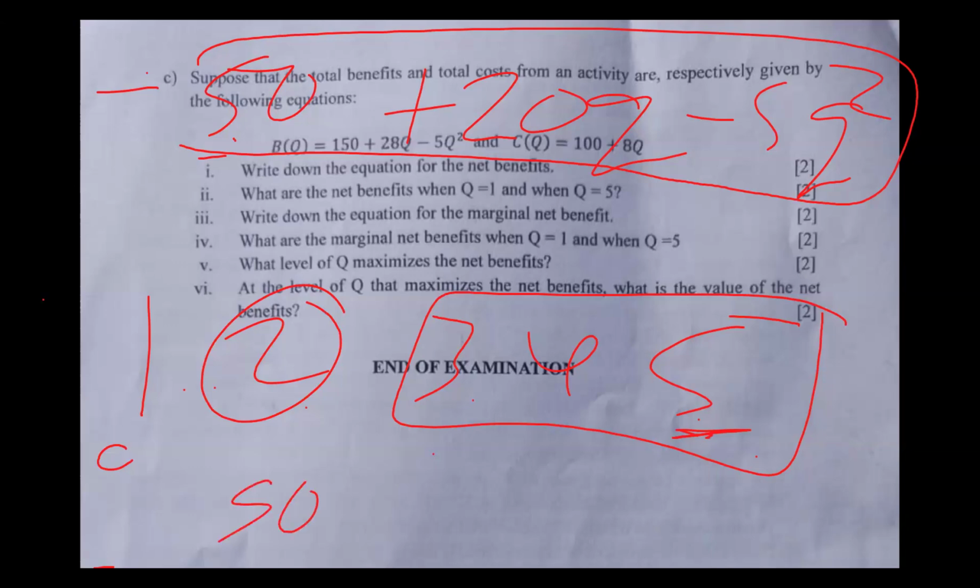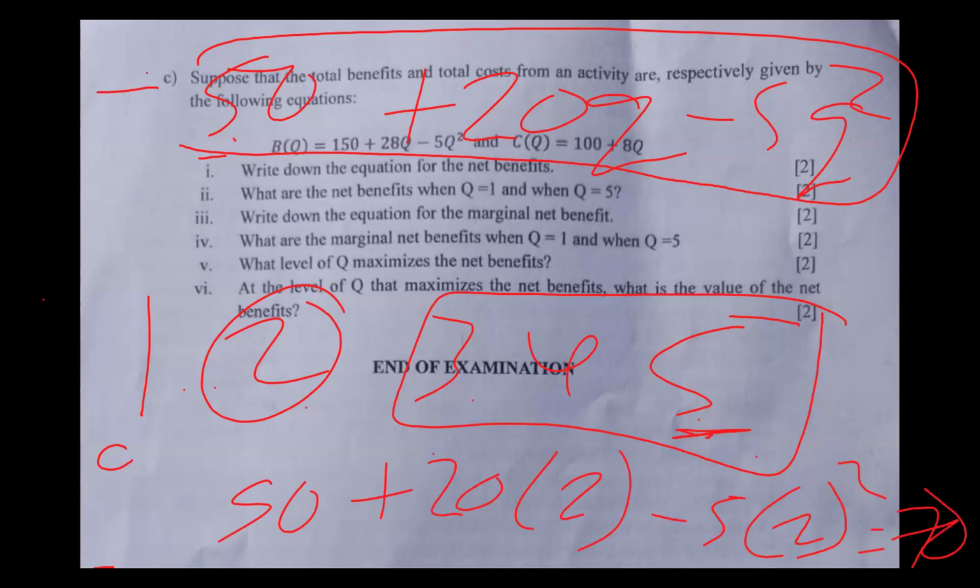So it's 50 plus 20 times 2 minus 5 times 2 squared. You work out your functions, you find the 70 given as the output. That's it. At the level of Q that maximizes the net benefit, which is 2.